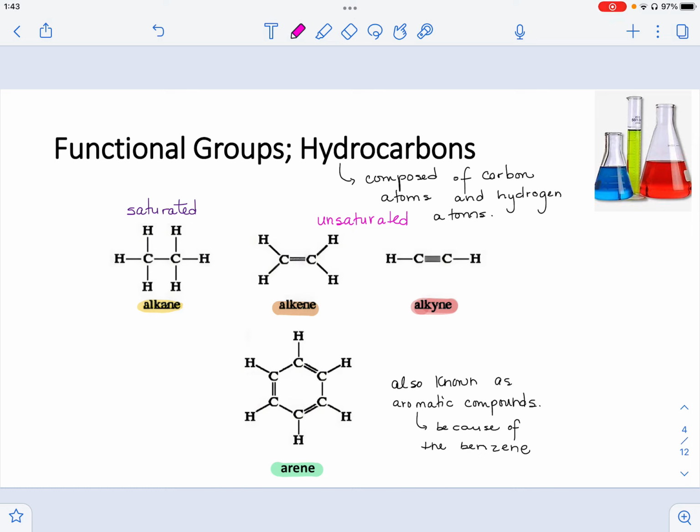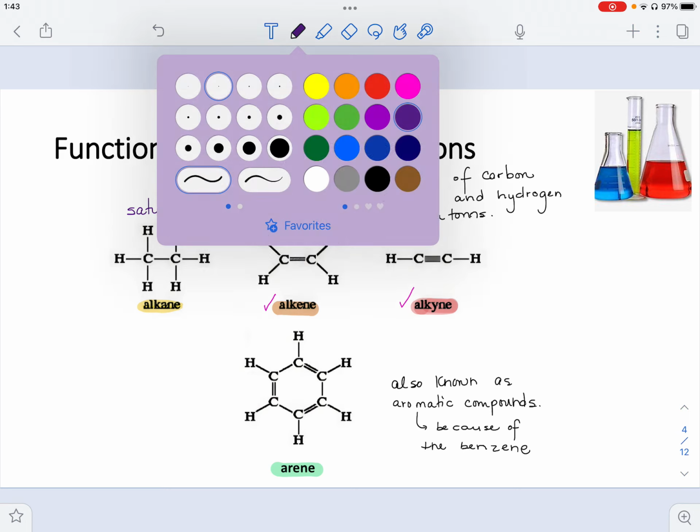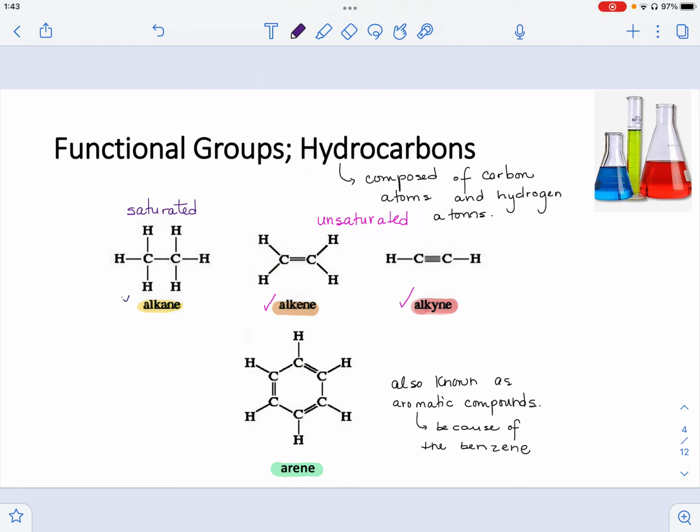So the members specifically of hydrocarbons that are unsaturated that we've typically discussed in this course are going to be alkenes and alkynes. Remember that alkanes are going to be saturated hydrocarbons.